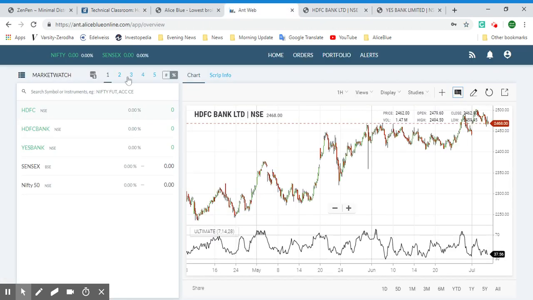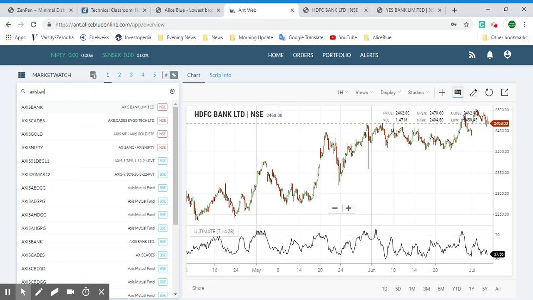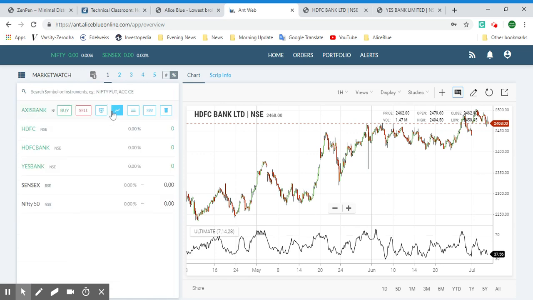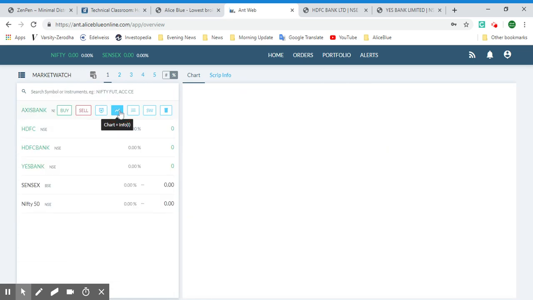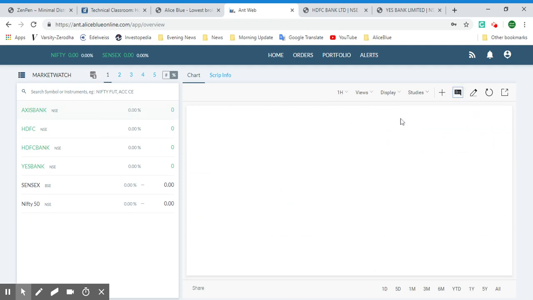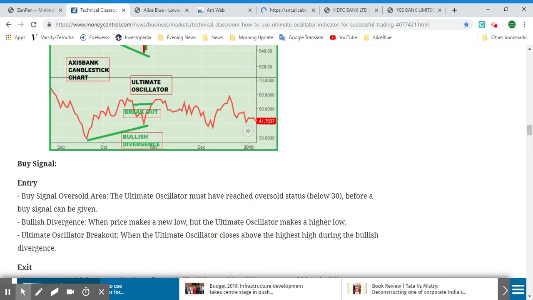So let us also apply Axis Bank here to see if this still applies now. Here we have the buy signal.